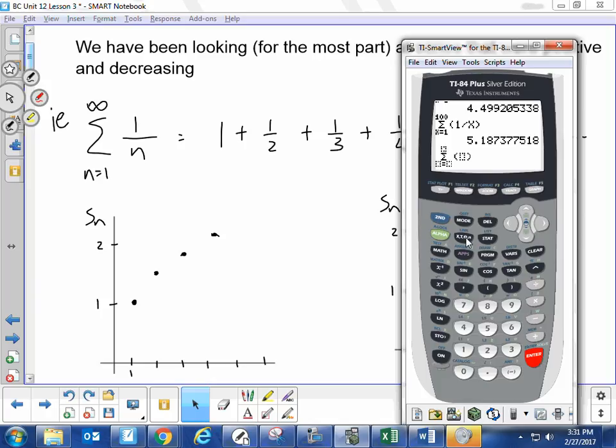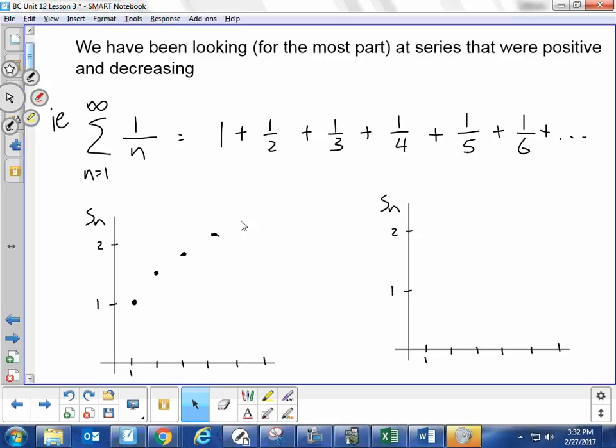You can type in x starts at 1, goes to, let's see, 1, 2, 3, 4, 5. Let's just do the 5th partial sum for 1 over x. And you can see we got 2.28. Great. So we continue to increase here, and we'll continue to increase.